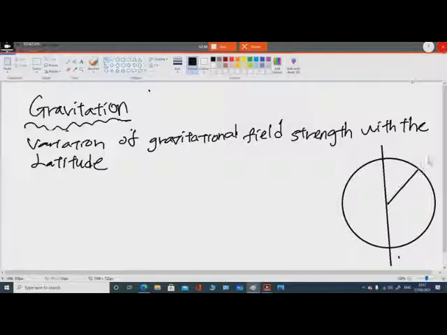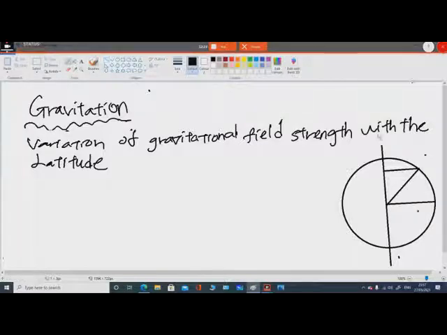This is another line, and this is our radius too.